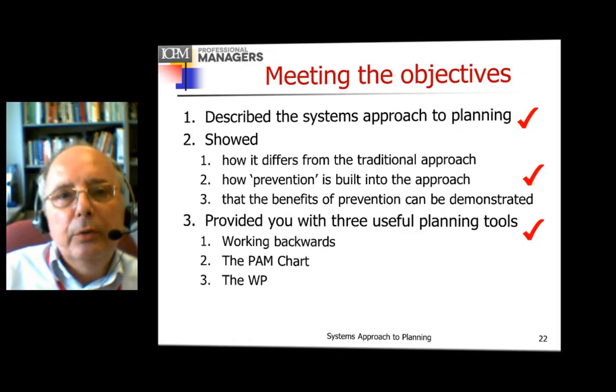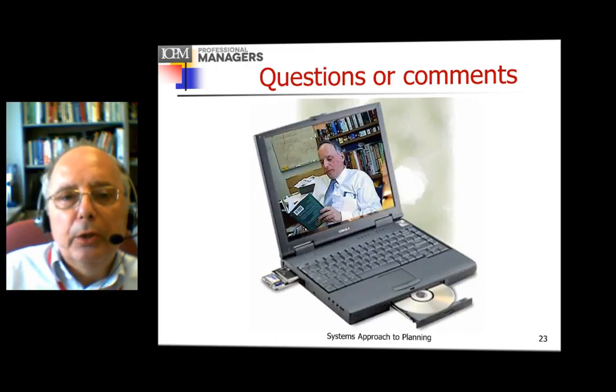I described the systems approach to planning and showed how it differs from the traditional approach, showed you how prevention is built into the approach, and that the benefits of prevention can be demonstrated, and provided you with 3 useful planning tools: the concept of working backwards from the end, the PAM chart, and the work package.